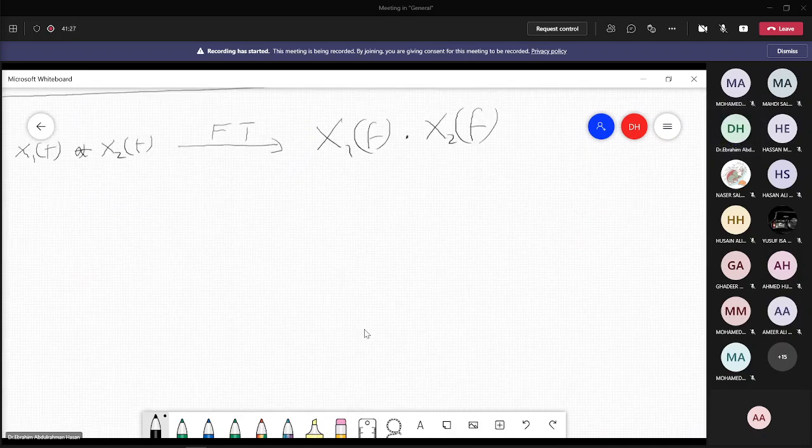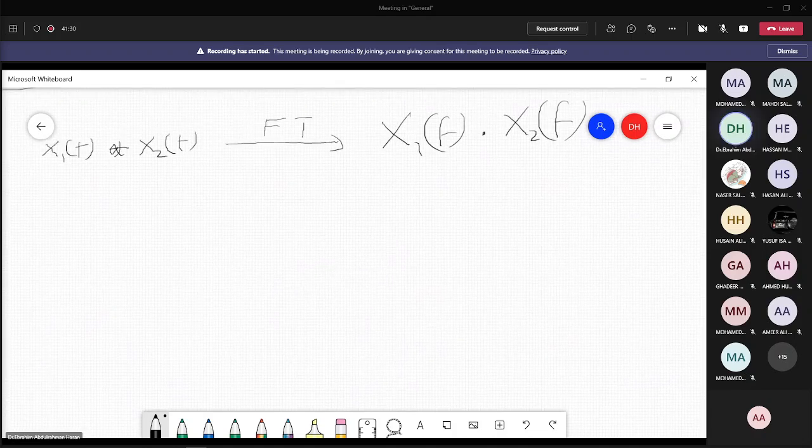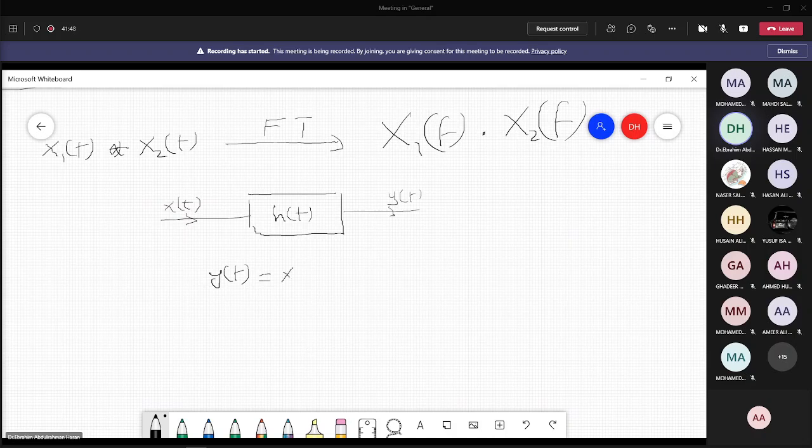It means, if we have a system and the input equals x of t, the impulse response equals h of t, and we want to find y of t, then in the time domain we have to use convolution, x of t convolved with h of t. You remember convolution: you need to flip one of these, take it far, then move it to the right step by step until you get the solution for y of t.